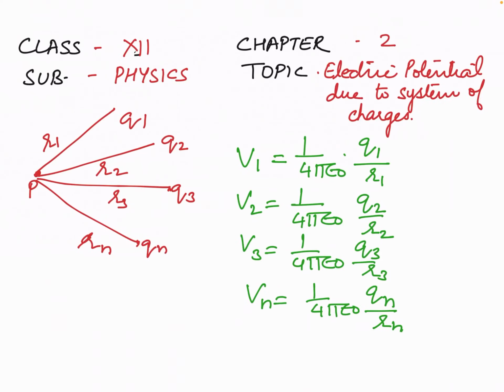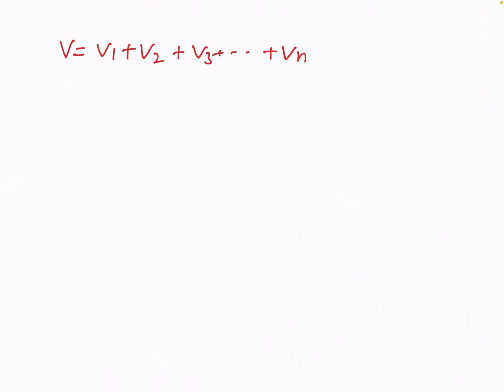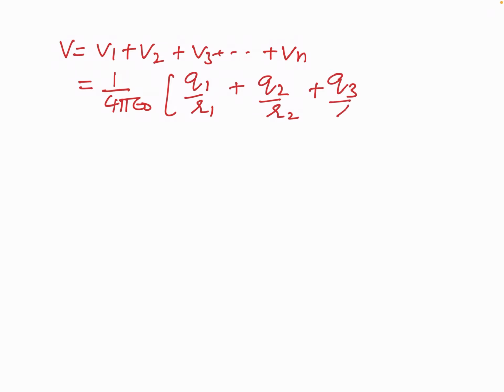So what are the values of V1, V2, V3, Vn, etc.? So this will be equal to 1 upon 4 pi epsilon times Q1 upon R1 plus Q2 upon R2 plus Q3 upon R3 plus Qn upon Rn.